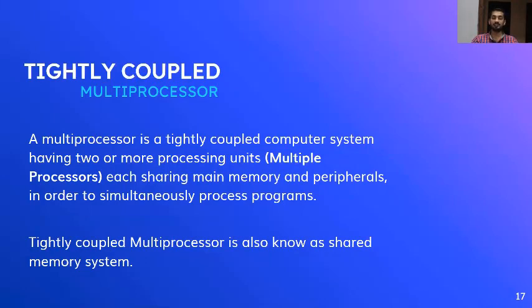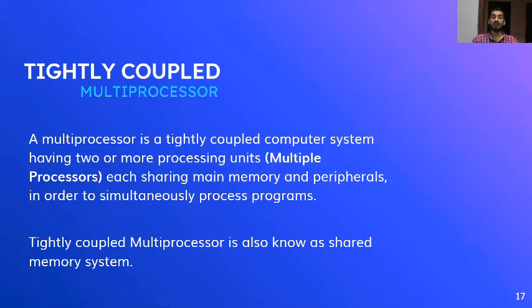Let's understand in detail. Tightly coupled multiprocessor. A tightly coupled multiprocessor is a computer system having two or more processing units, each sharing main memory and peripherals, in order to simultaneously process programs.